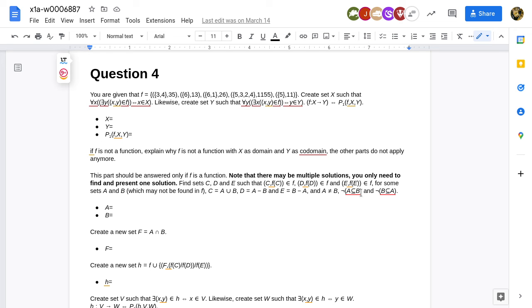And then we look at the constraints, okay? We look at the constraint that we have to somehow find sets A and B. Sets A and B, each one, does not have to be the first item of a two tuple.